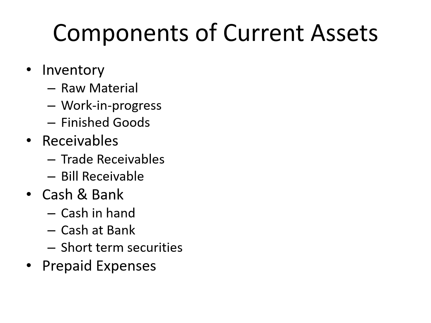In receivable there is trade receivable and bill receivable. In cash and bank, there is cash in hand, cash at bank, and also short-term securities. And finally the prepaid expenses. So whenever the question of calculating total current asset comes, we will have to add up all the components of current asset and we will get the total current asset. And whenever we deduct the current liability from total current asset, we will be getting net working capital.